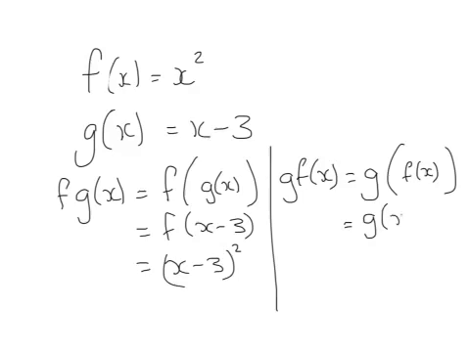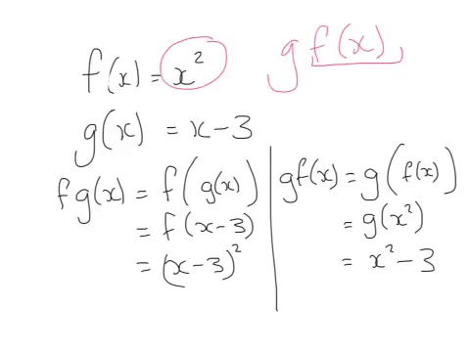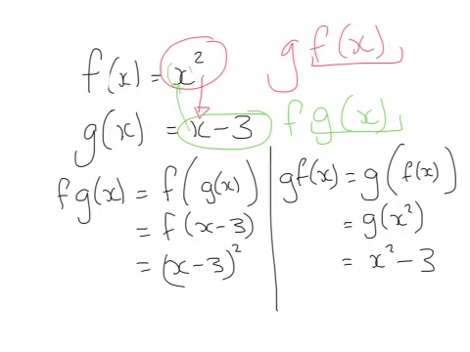So that is g of x squared. So that is x squared minus 3. So you take your first one, f of x, and you feed that into g. Or, if you're doing it the other way around, if you're doing f of g of x, then you take your g of x, and then you feed that in to f, putting one inside the other one.